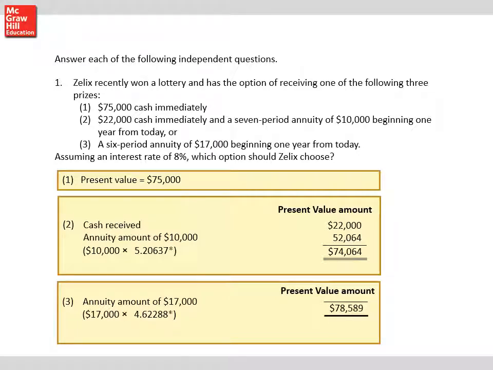The present value of those are 78,589. So of the three, and this is how we compare scenarios, we got to get them in terms of a common dollar amount. What are they all worth today, or what are they all worth in the future? In this scenario, here's what they're all worth today. So it's item 3 you would actually make the most money on.